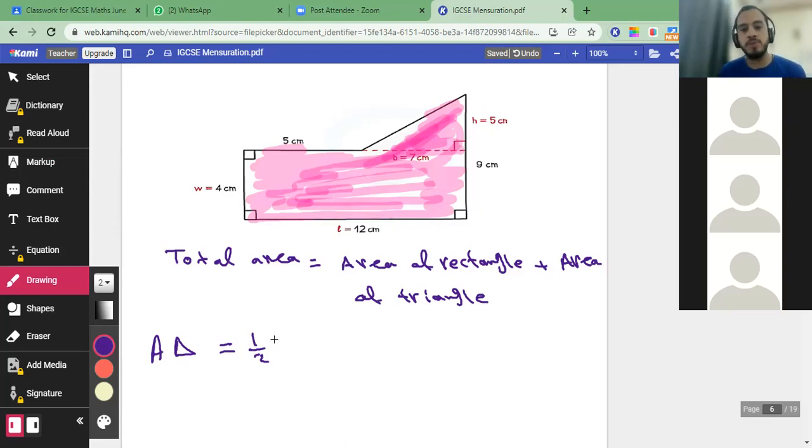What is the area of the triangle, Joanna? Be careful, guys: in the exam he will give you this one is 4 and all of this is 9, and you have to subtract 9 minus 4 to get 5. And also this one is 12. He will give you this 5, then you subtract 12 minus 5 to calculate 7. So Joanna, what is the area of the triangle? Half base times height equals what?